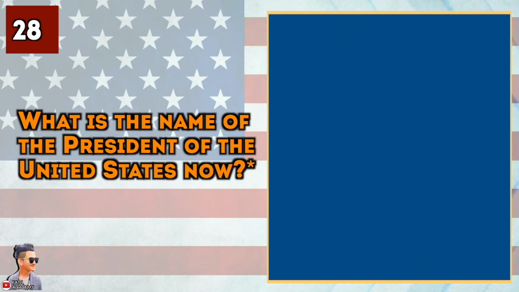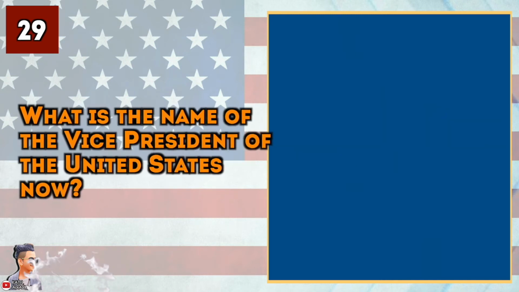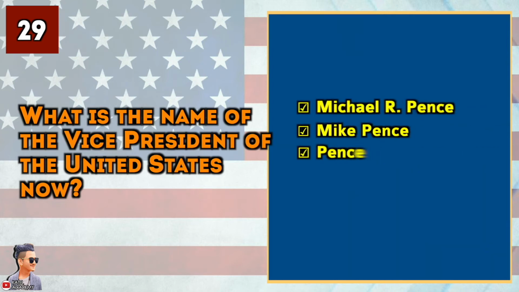What is the name of the President of the United States now? Donald J. Trump. Donald Trump. Trump. What is the name of the Vice President of the United States now? Michael R. Pence. Mike Pence.